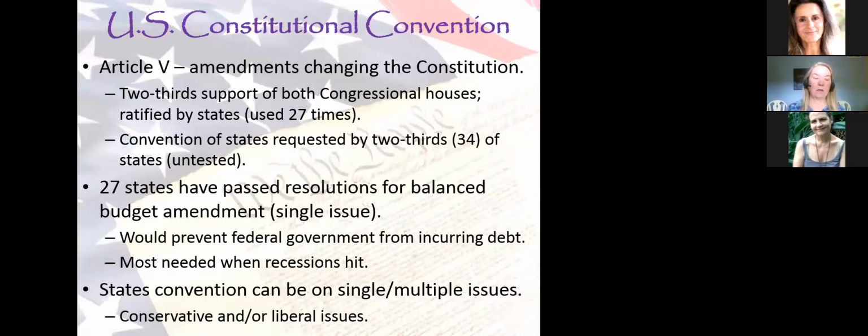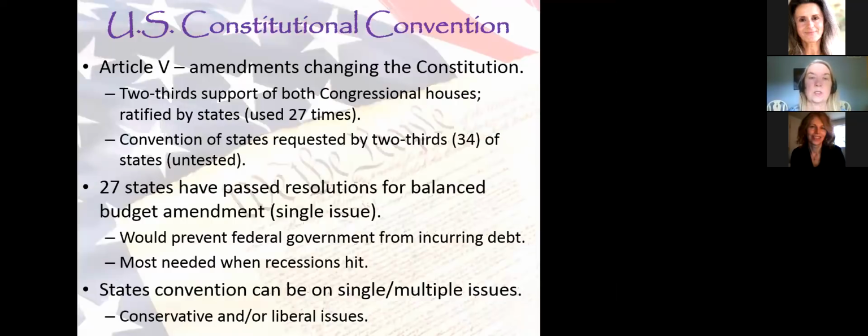Think of giving women the right to vote. We have made changes to our Constitution that way in the past, 27 times, doing it through Congress passing an amendment and the states ratifying it.